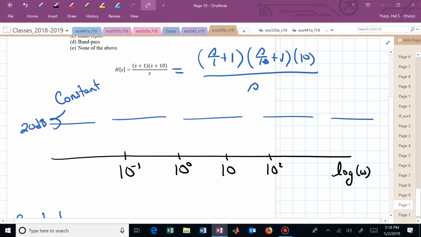We also have a pole at the origin, and what does that look like in terms of its magnitude, shape, or properties? What does a pole at the origin do? Does it break?